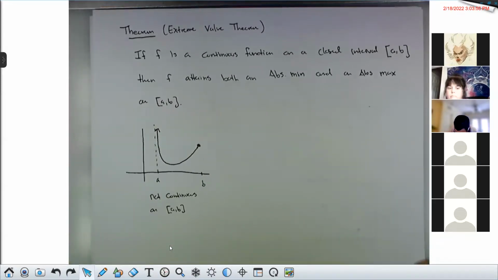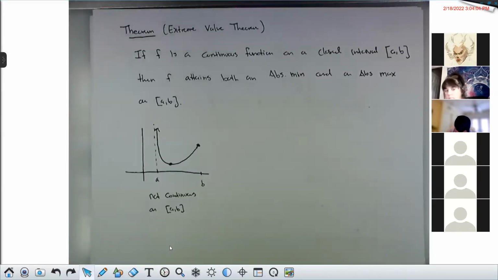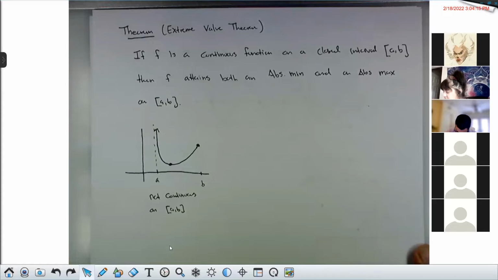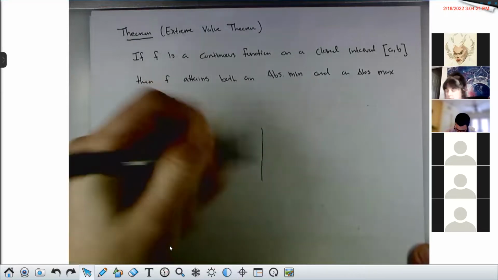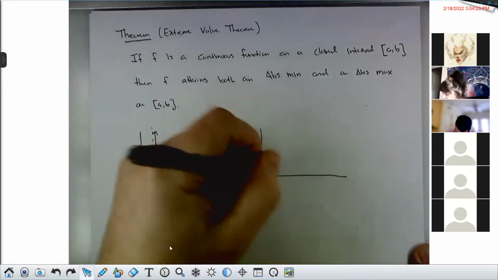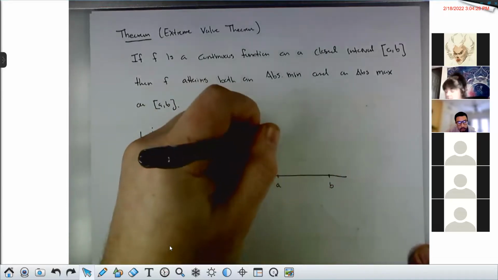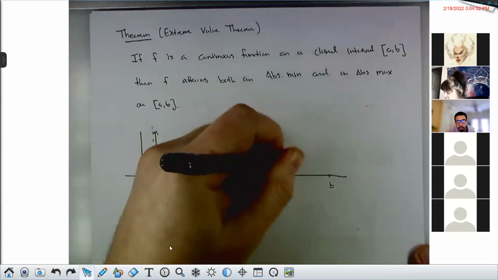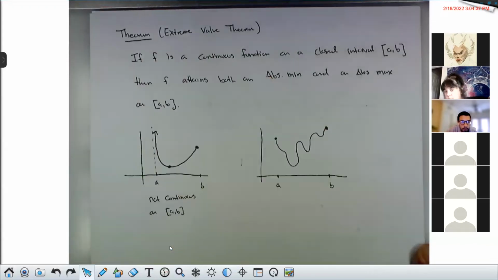So while it does have an absolute min right here, it does not have an absolute max. Or you can have really weird jump behavior. But if you require your function to be continuous, then no matter what you do, there's going to be a tallest point and a lowest point.